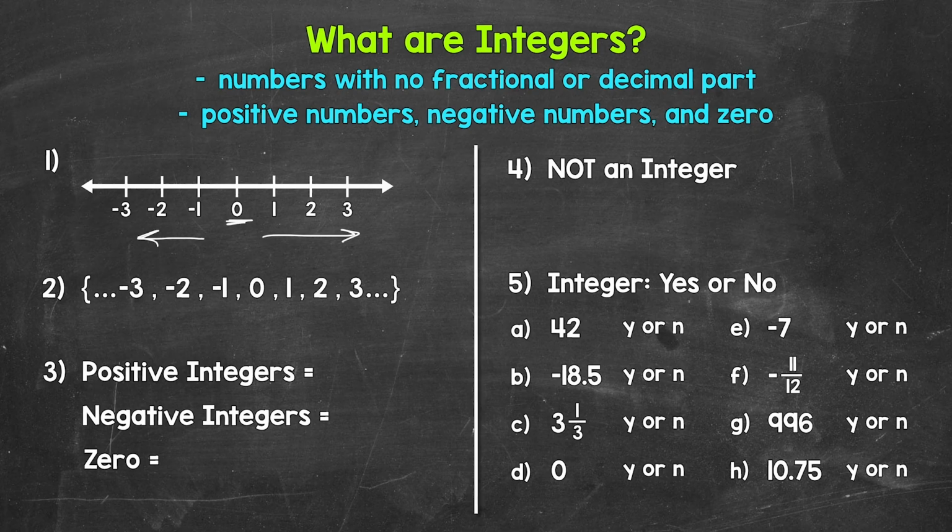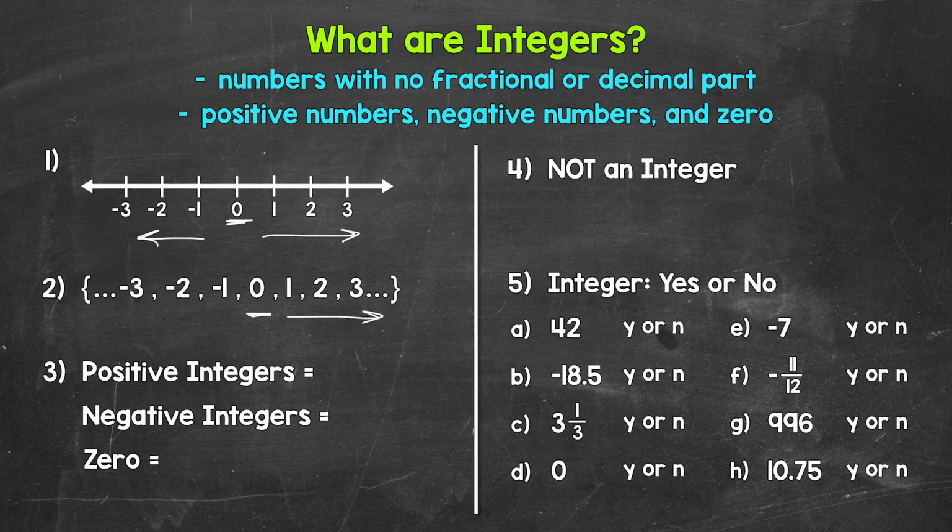Moving on to number 2, we have the integers written as a set. So we have the integers listed between those braces. So this is just a different way to look at integers other than that number line above. We can see 0 right here with the positive integers to the right, and those 3 dots tell us that those continue on.